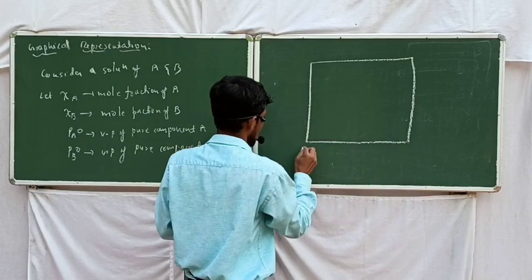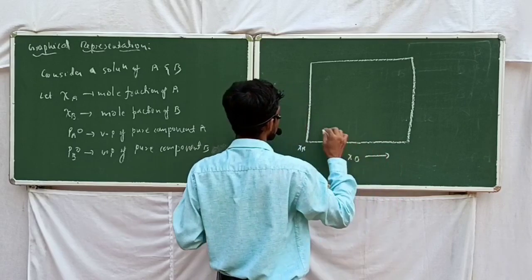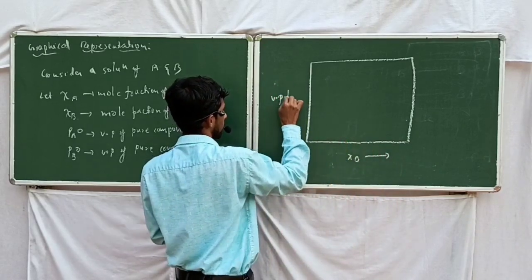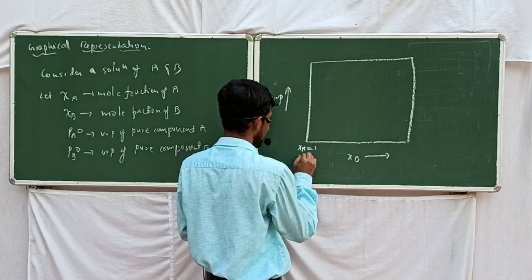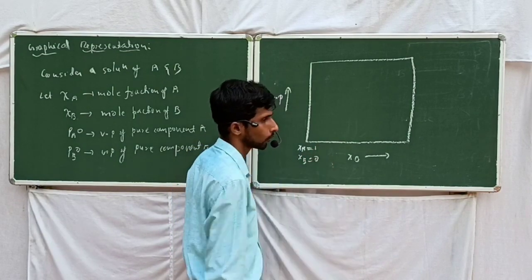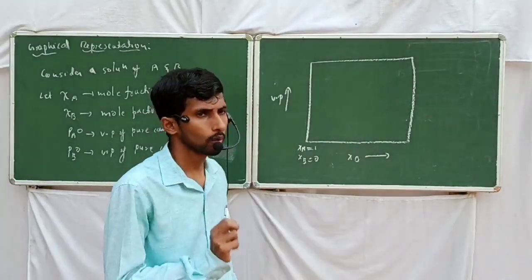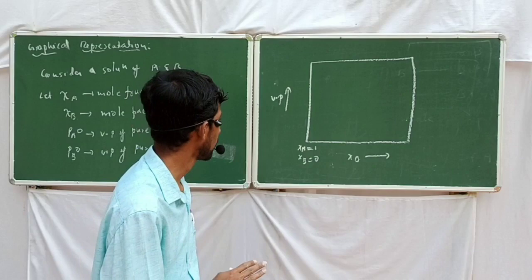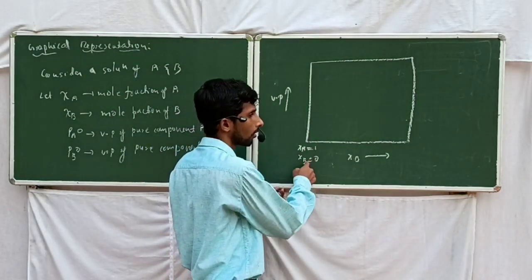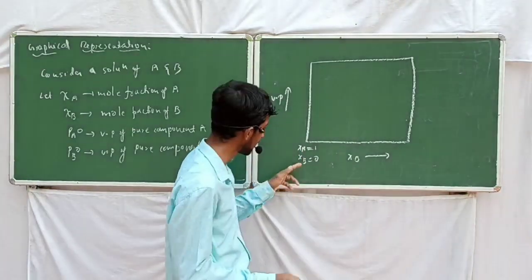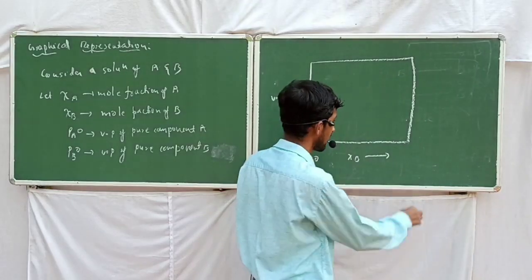Here take mole fraction of B along the x-axis, vapor pressure along the y-axis. At this point we have only A, so xi A equal to 1, xi B equal to 0. You know that if you take a solution, the sum of the mole fractions of all components present is equal to unity. Here we have two components, so xi A equal to 1 means obviously xi B equal to 0. Then mole fraction of A decreases along the x-axis.